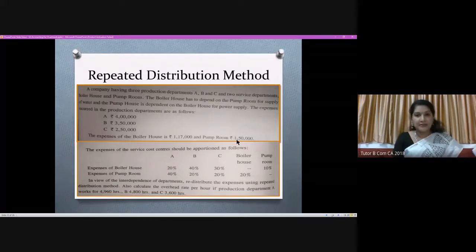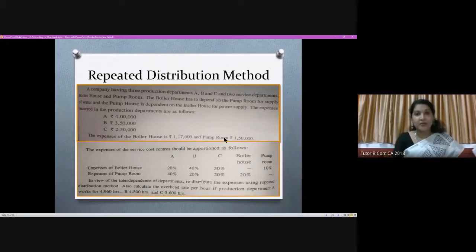In this method, we are going to reapportion the expenses of service department to all the other departments. Say, for example, if I am going to reapportion boiler house, I would be reapportioning that to A, B, C, and pump house. Listen to me very carefully. That's the primary difference here.